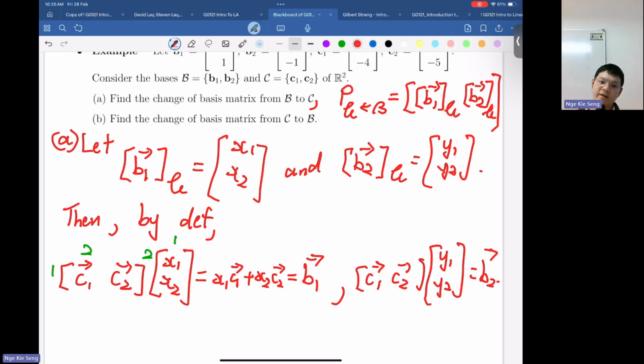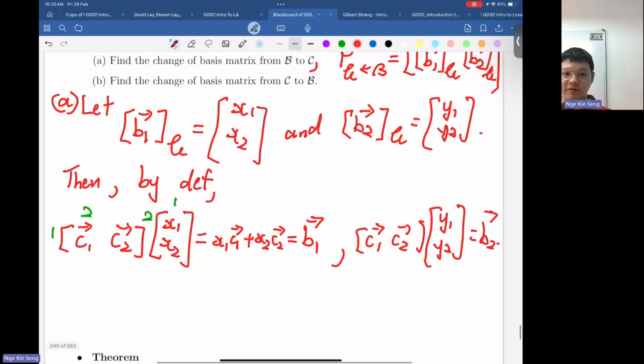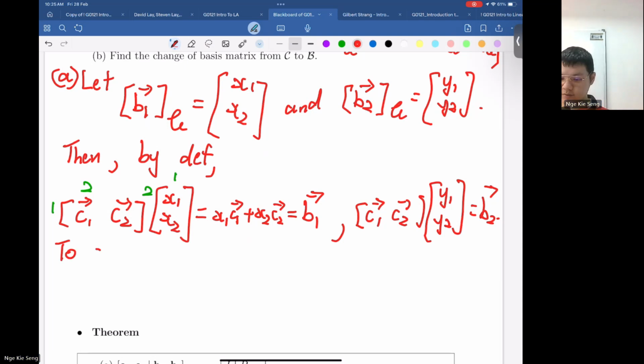So we try to solve these together. Okay, so how do we solve them together?